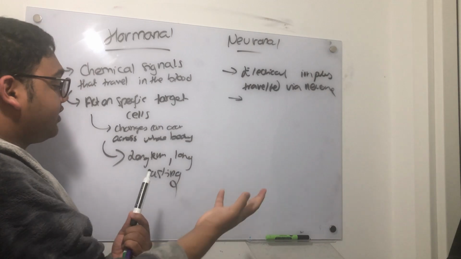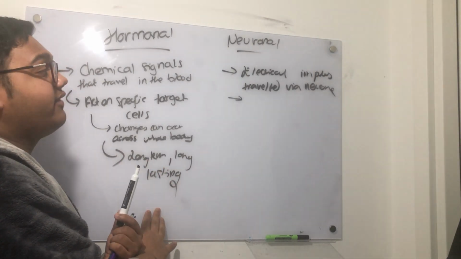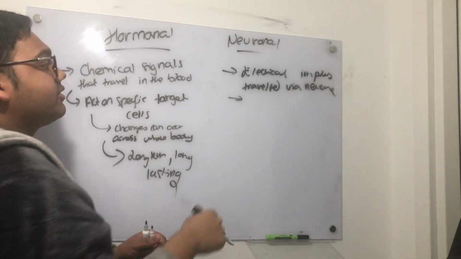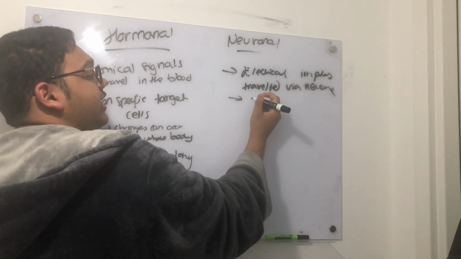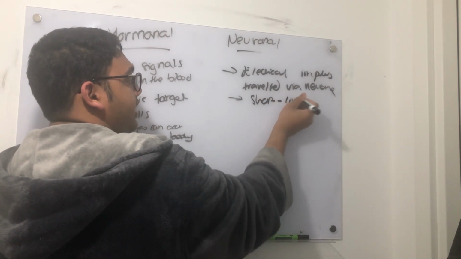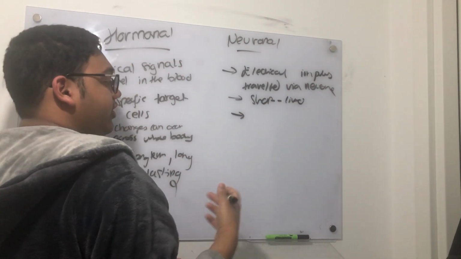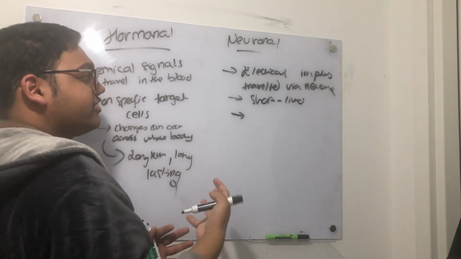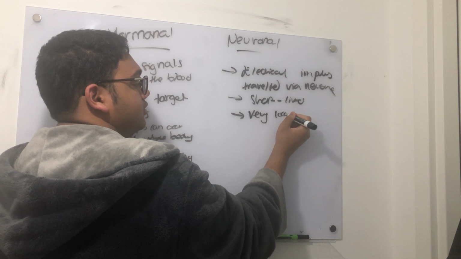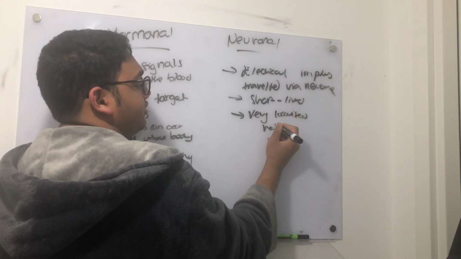So as you can see, those are long-term, long-lasting effects of testosterone, which links into the hormonal system. With neuronal, however, it's usually short-lived, and it's also very precise, as in very localized, that's the word. Responses.